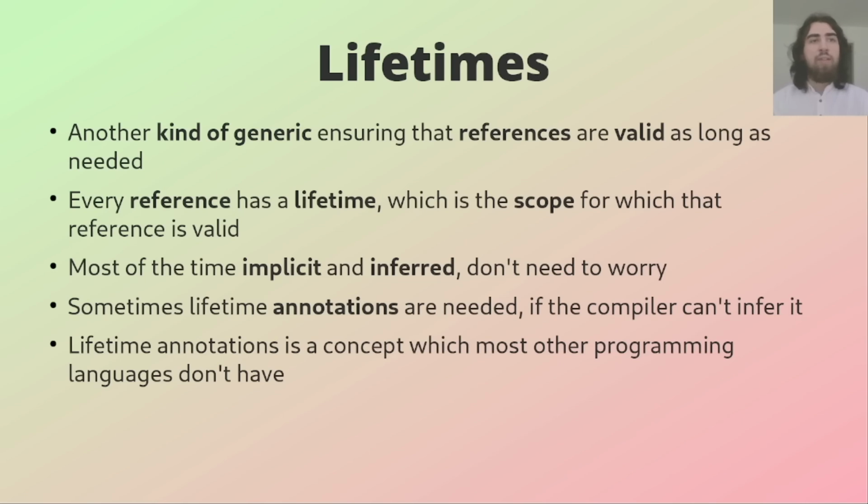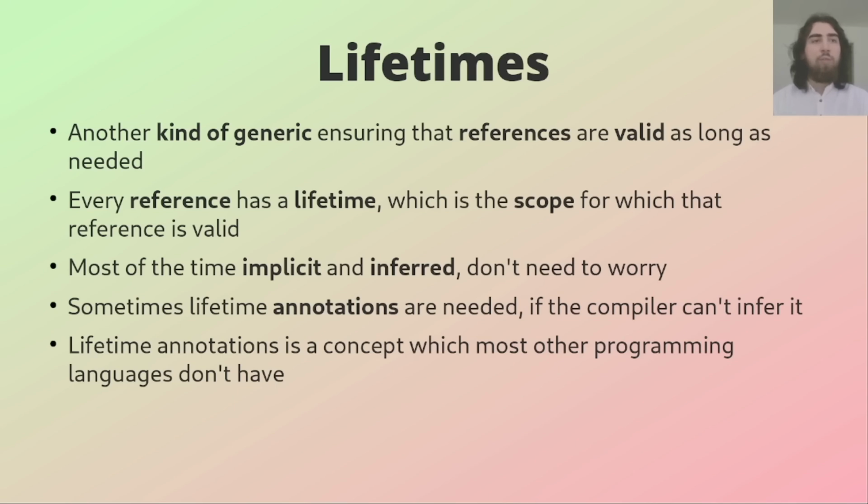Every reference has a lifetime, which is the scope for which the reference is valid. Most of the time this is implicit and inferred. Sometimes though, lifetime annotations are needed, and that's the case if the compiler can't infer it.